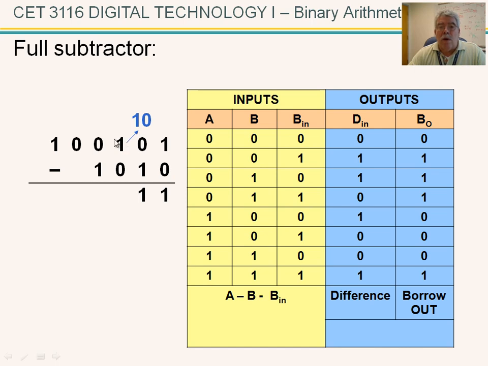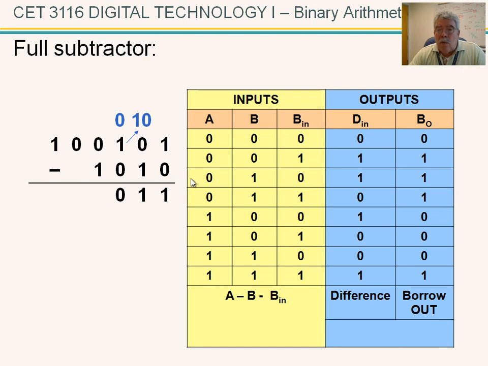So now my 1 that I had is now 0. Okay, now we have the situation. Of course, we didn't generate any borrow here.